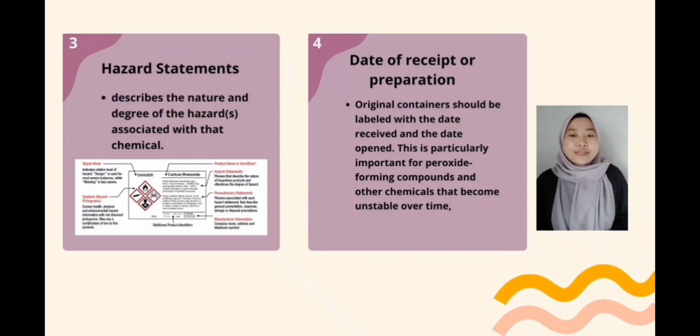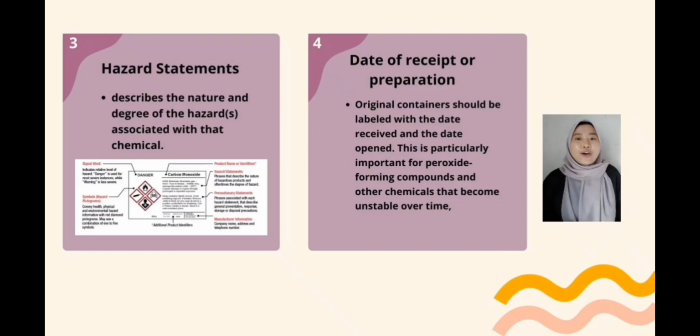For example, causes damage to kidney through prolonged or repeated exposure when absorbed through the skin. The hazard statements are specific to the hazard classification categories, and chemical users should always see the same statement for the same hazard, no matter what the chemical is or who produced it.